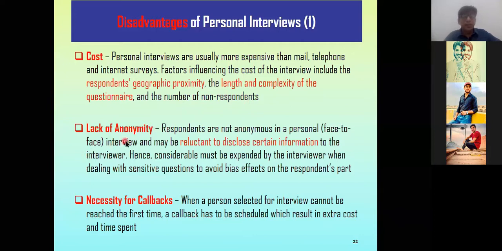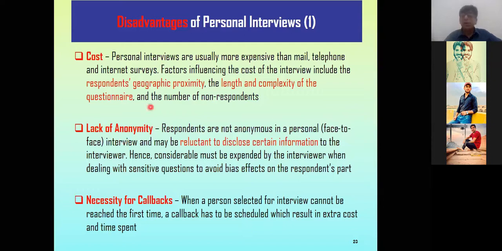Lack of anonymity. In different cultures, people want to say that our identification should not be shown. We want to remain anonymous. So in the interview, there is a lack of anonymity because both interviewer and interviewee know each other.